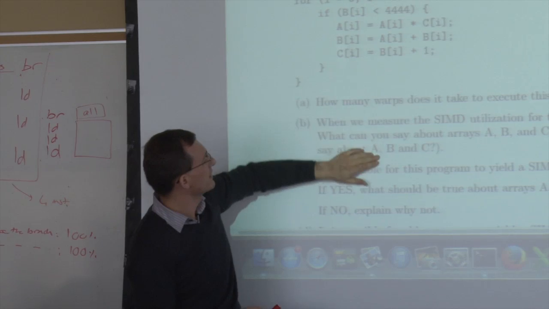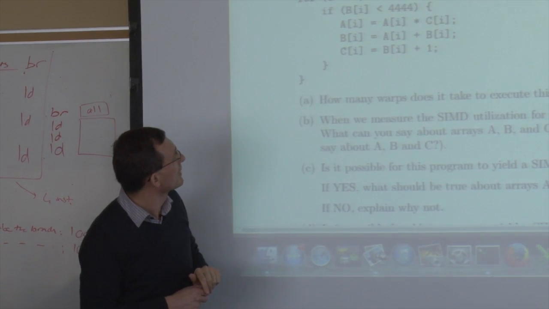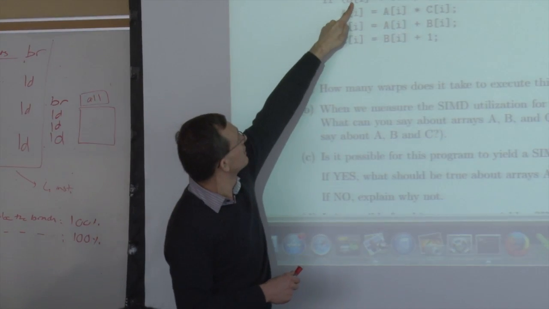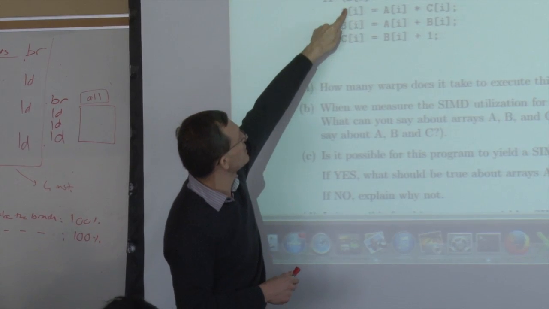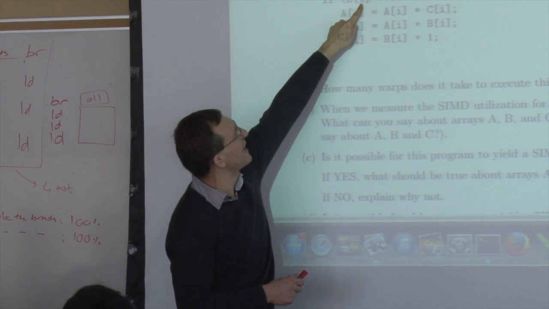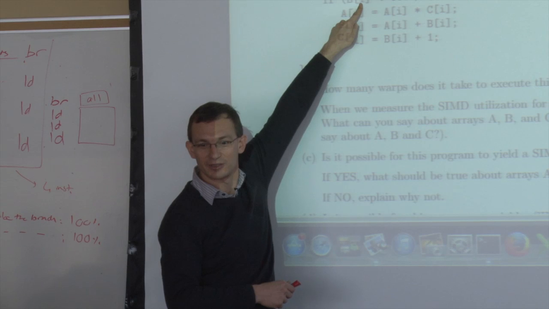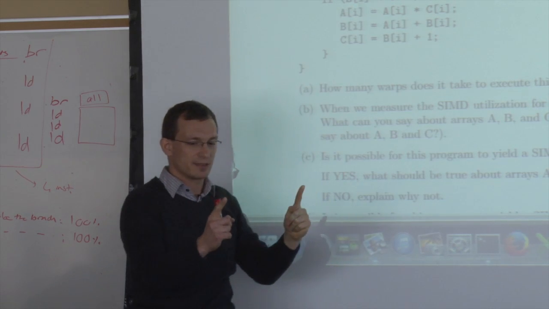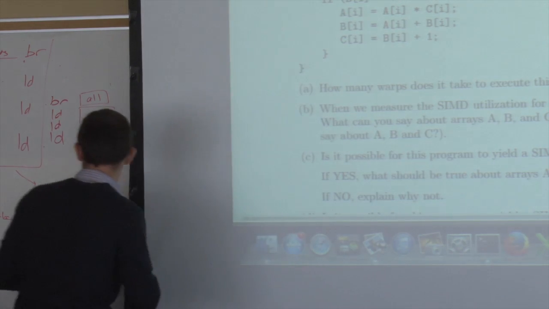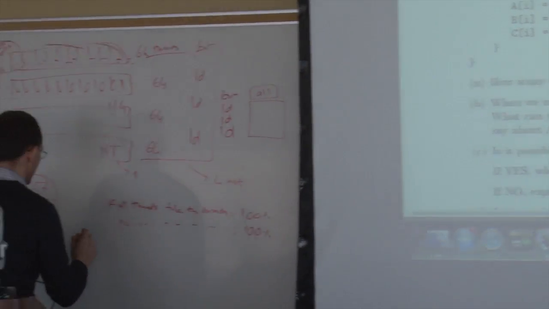Well, now we can say something about A, B, and C. What determines the execution of this loop iteration for a thread? Whether B[i] is less than 4444, right? So how are these threads generated?